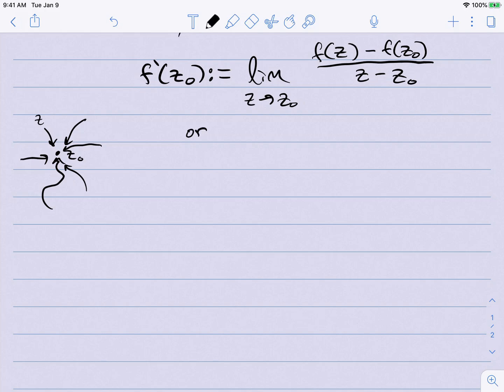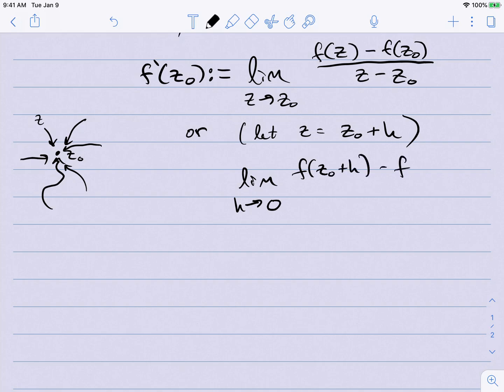Another way to write this is if I just think of z as z naught plus h for some h, so h is the difference between z and z naught, then I can express this as the limit as h goes to 0 of f of z naught plus h minus f of z naught divided by, well, z naught plus h minus z naught, but that's just h.